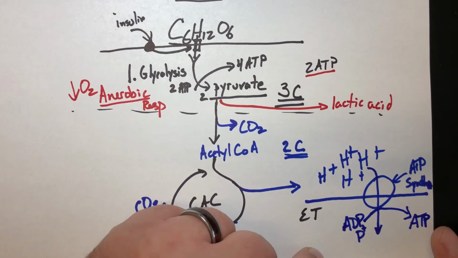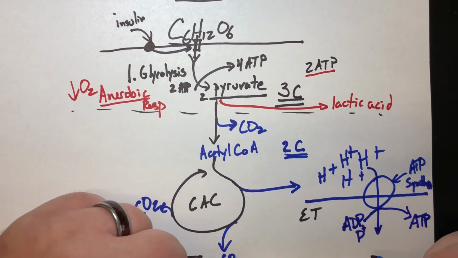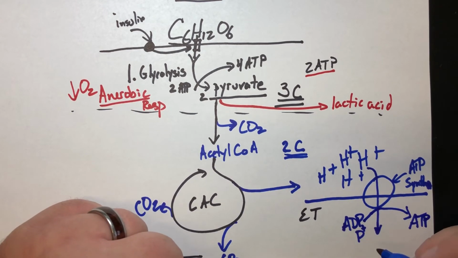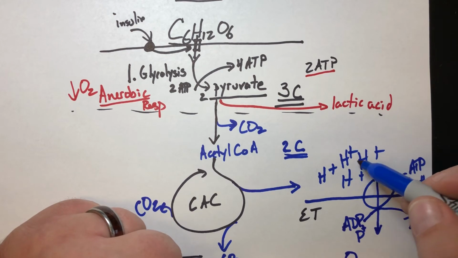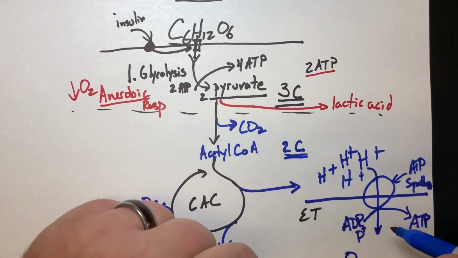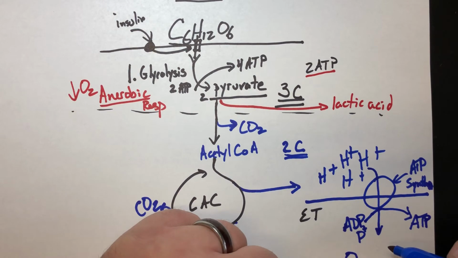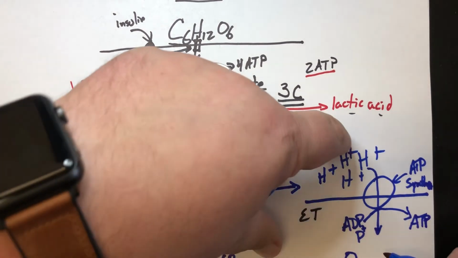Okay, and then the last step, make sure I got enough room here on the screen, that oxygen, what we're using the oxygen for, is as hydrogen comes down, picture that eventually some of this hydrogen would want to build up on this opposite side of the membrane, and it would ruin the concentration gradient.